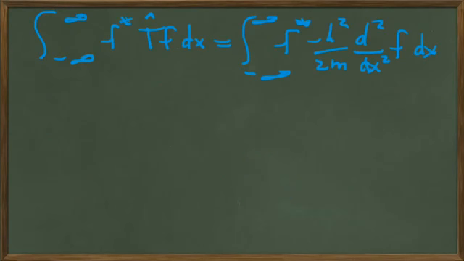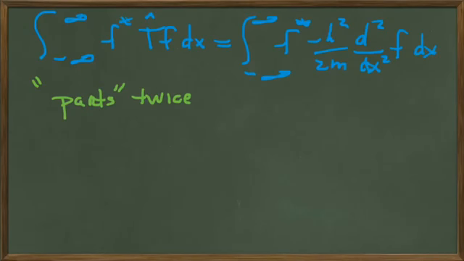So here we have the integral on the left side, and we have put in place of the operator T hat how the operator T hat is defined, minus h squared over 2m times the second derivative operator. And what we are going to need to do to turn this left side into the right side is apply the integration by parts technique twice.